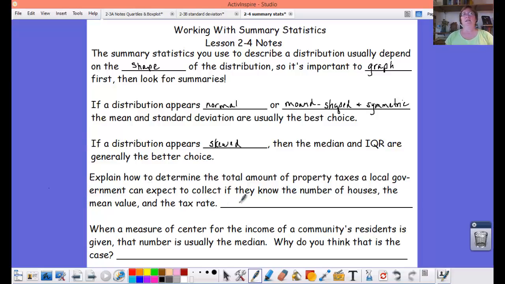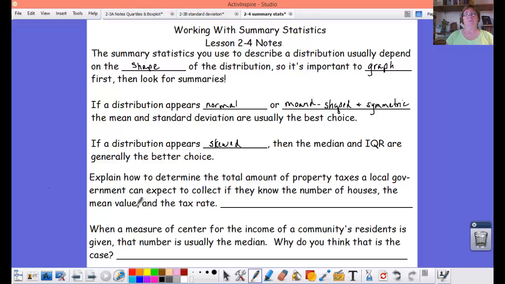Think about this. How could we determine the total amount of property tax that, say, Clio community, Thetford Township, can expect to collect if they know the number of houses, the mean value, and the tax rate?